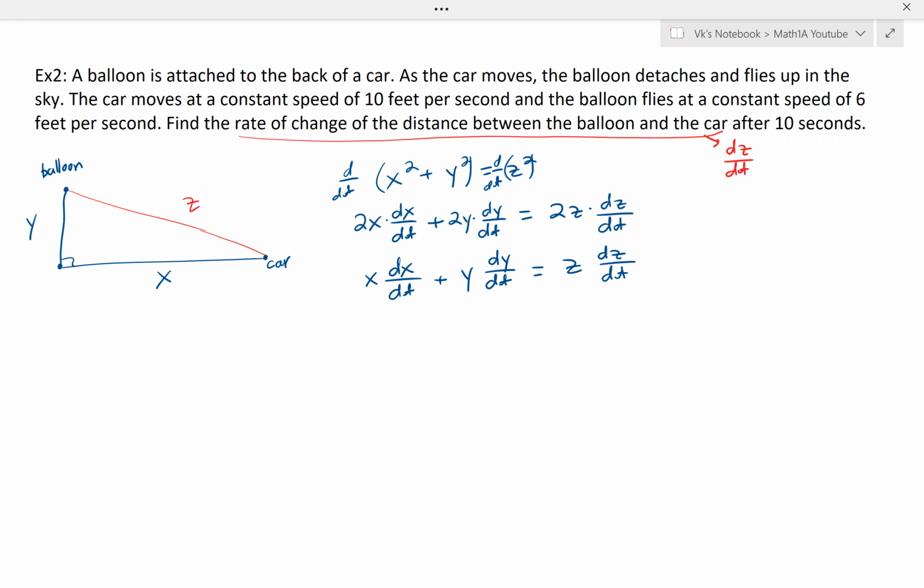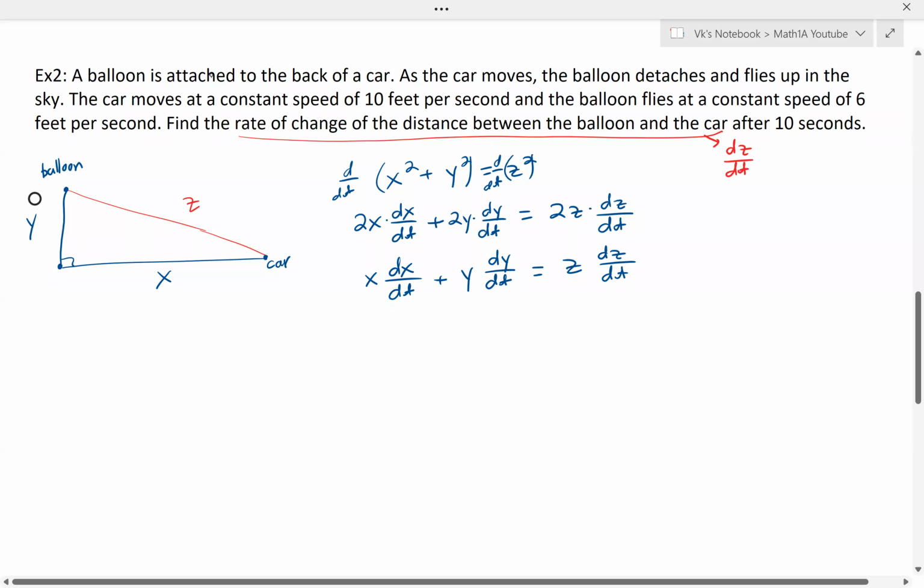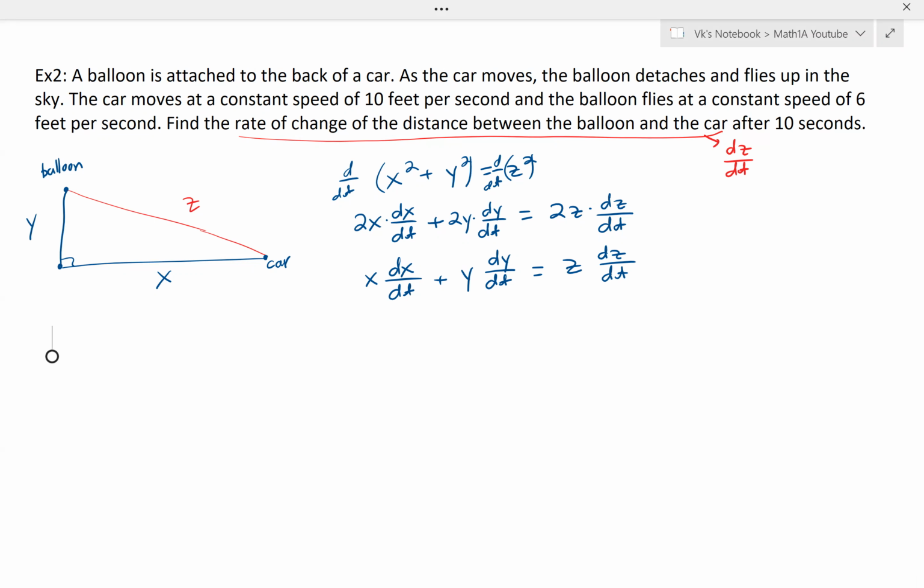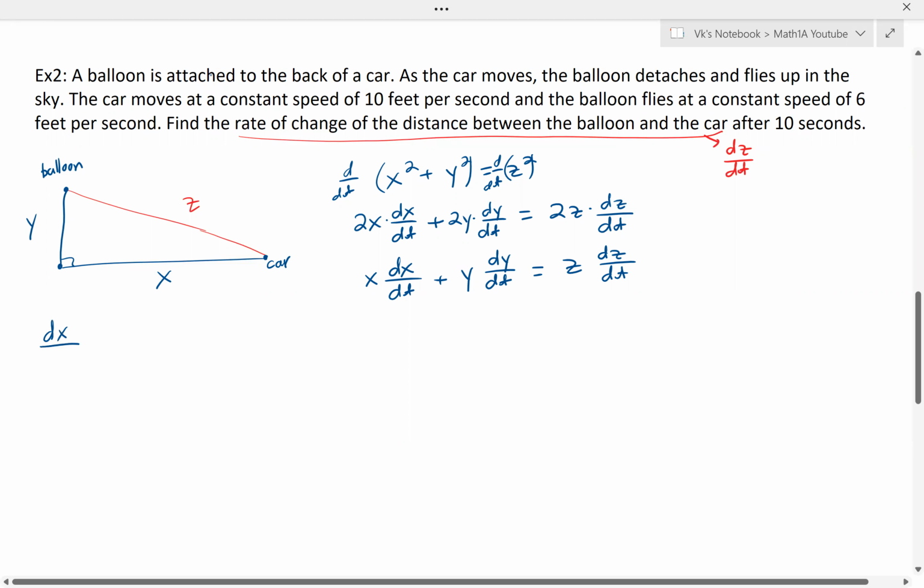So we need to know the distance x after 10 seconds and the distance y after 10 seconds. From the information, the car moves at a constant speed of 10 feet per second. So we know that dx over dt equals 10, meaning that x is 10t.